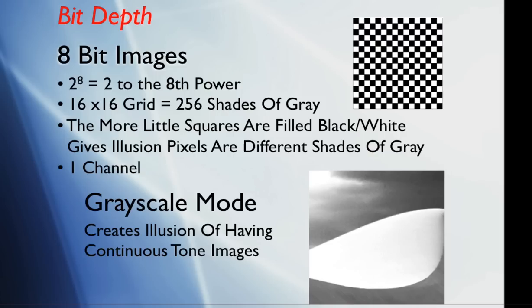It's really interesting and important to understand what in the heck is really going on in Photoshop. And at this point, we're talking about a grayscale or a black and white image, and it creates the illusion of having tonality, or traditionally, even long before the old computers, what a continuous tone image is.